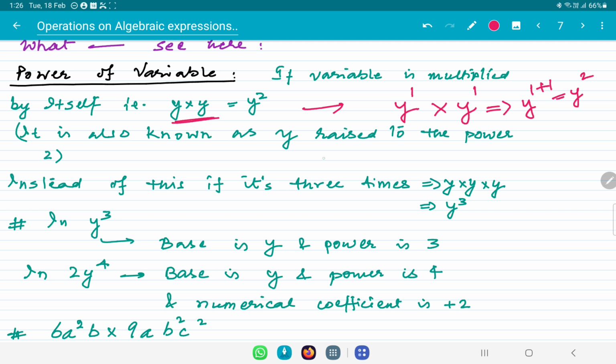Instead of this, it very well can be a multiplication of 3 times. So y into y into y, or y multiplied by y multiplied by y. Here we can easily see y raised to the power 1 plus 1 plus 1. So this will become y raised to the power 3.